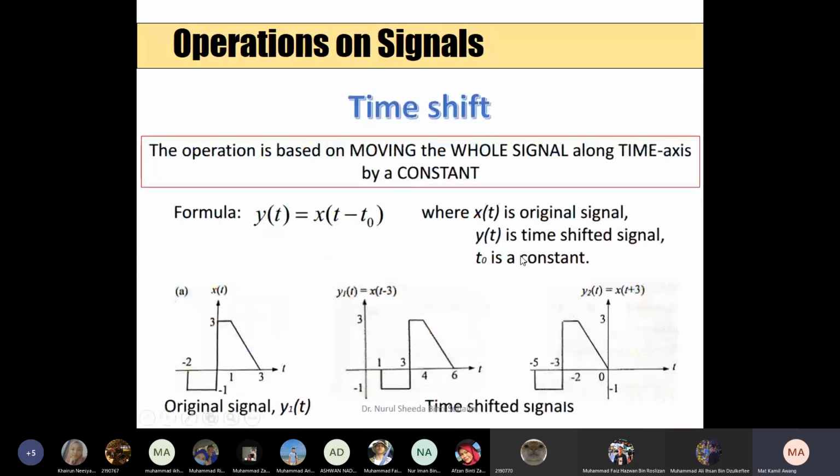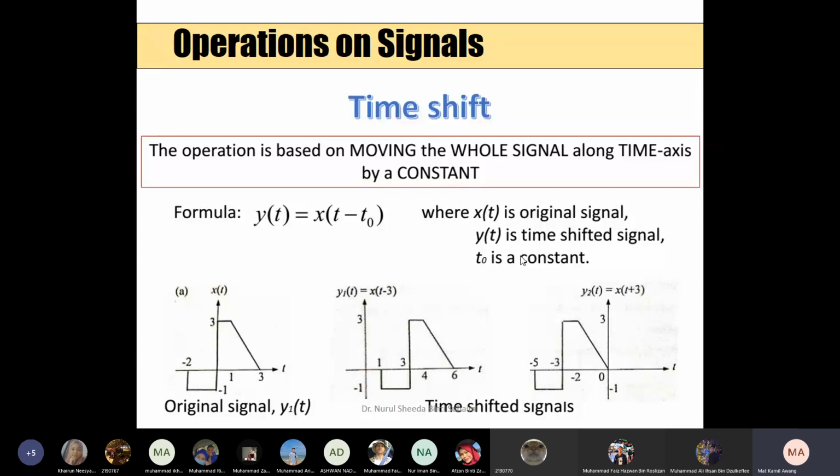The first one, time shift. Time shift is basically an operation based on moving the whole signal along the time axis by a constant. So this is where we talk about delay. So y of t is equal to x of t minus t naught.